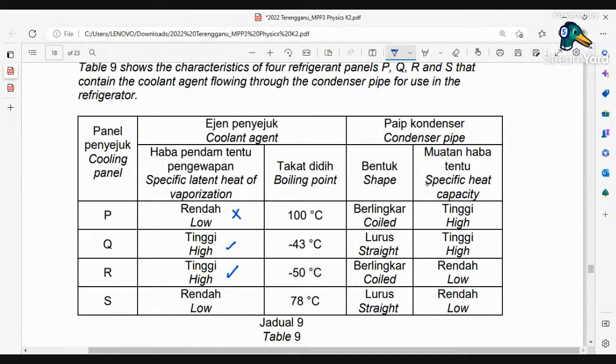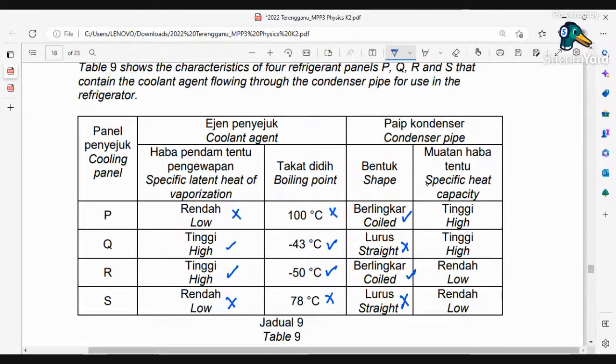So I will remove the low one. Boiling point must be low, so that it easily changes to steam. Shape must be coil. Okay, this one is for the condenser pipe.